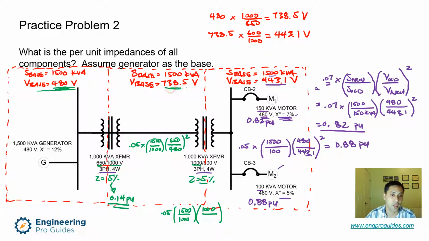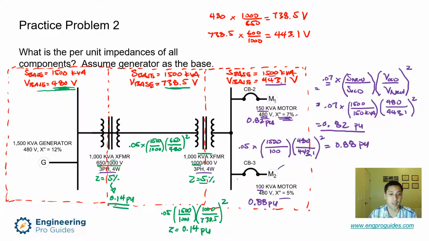And then for this primary side of this transformer here, we want 738.5 as the new voltage. Let's plug all our values in, and you will get Z equal to 0.14 per unit.